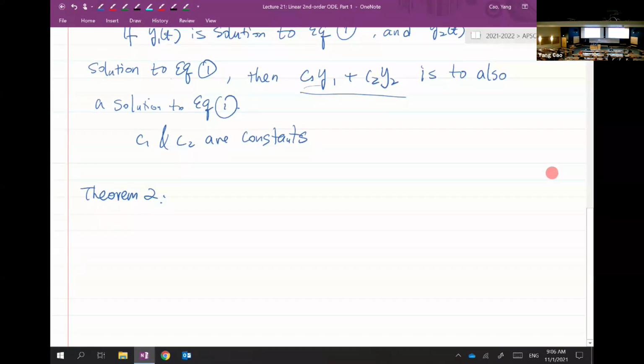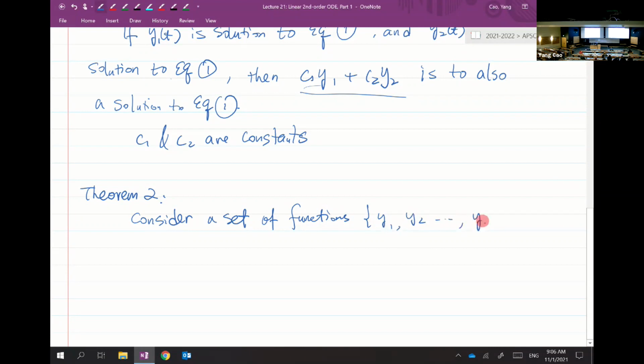That's the first theorem. The second theorem is related to what you probably learned in linear algebra. Here's the formal description of the second theorem. Let's consider a set of functions y1, y2, up to yn, so there are n functions.